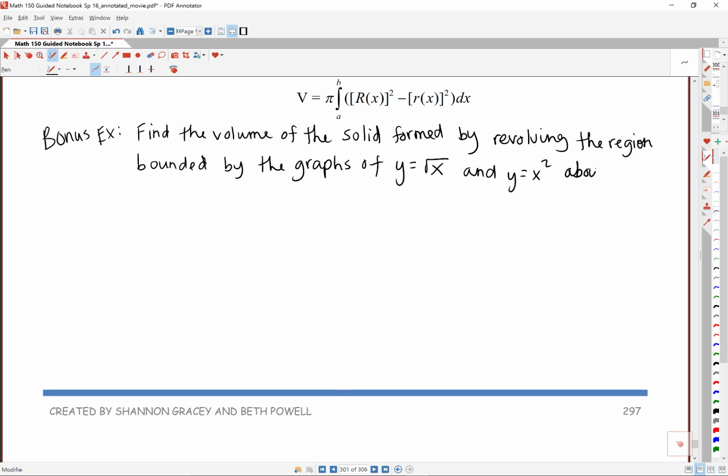We revolve it about the x-axis. Okay? So let's check out what this looks like.